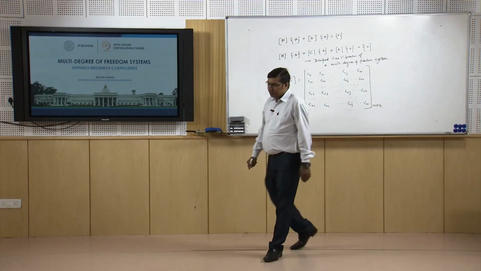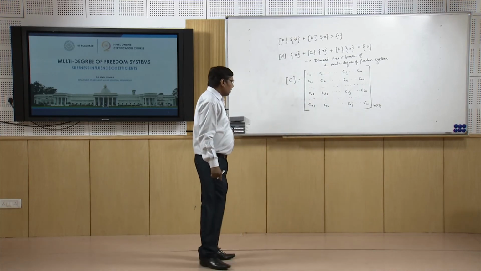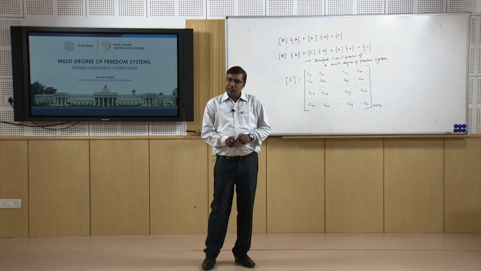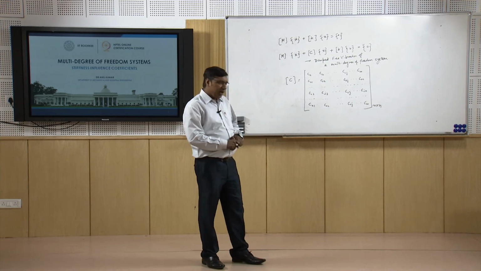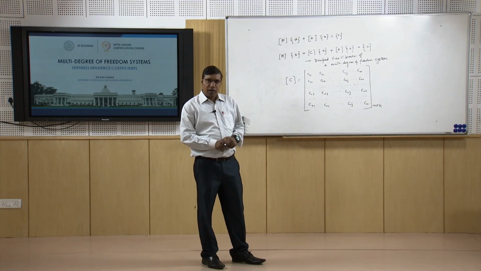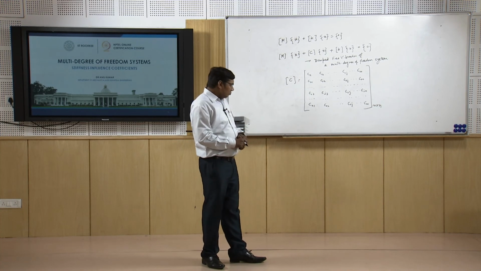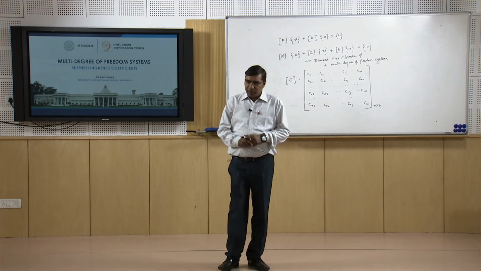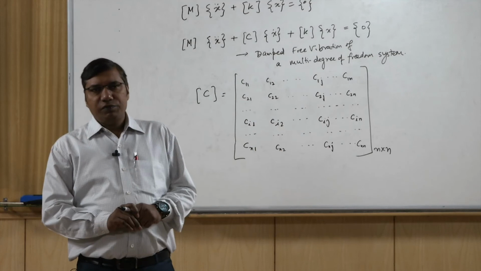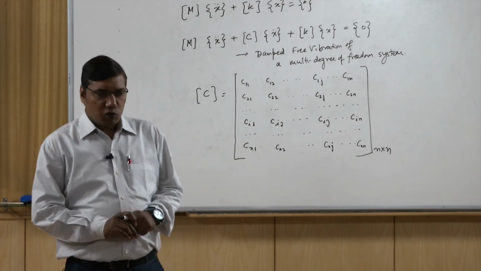This damping matrix C is also a square matrix having n by n elements if it is an n degree of freedom system, and the elements of this matrix are called the damping influence coefficients.